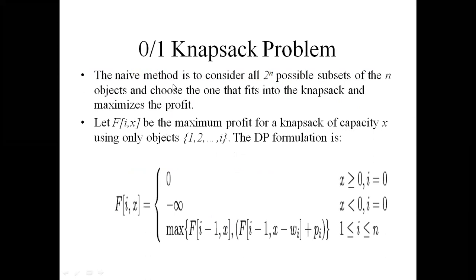When you consider the naive method, the original method is to consider all 2 power n possible subsets of the n objects and choose the one that fits into the knapsack and maximizes the profit. So to place the items in the bag in the naive method, we are taking the time 2 power n, since we are checking all the possible subsets of the n objects.